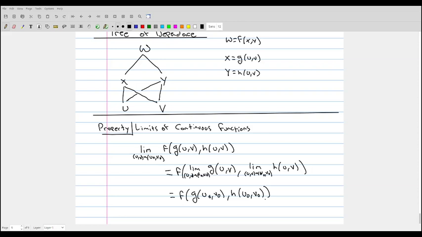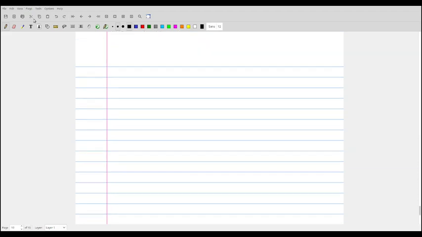And what we'll end the lecture on is one more property. This is called the extreme value theorem. This is for continuous functions.